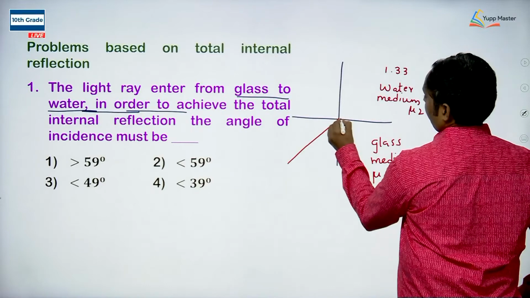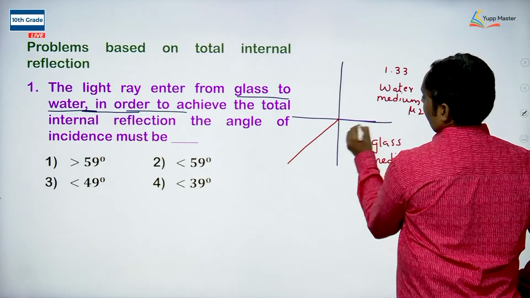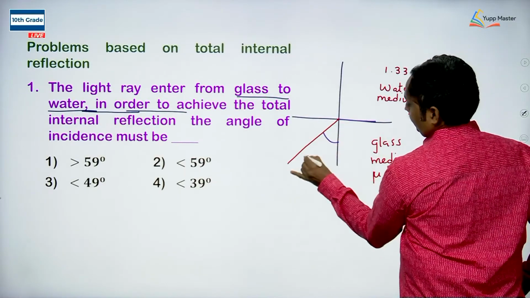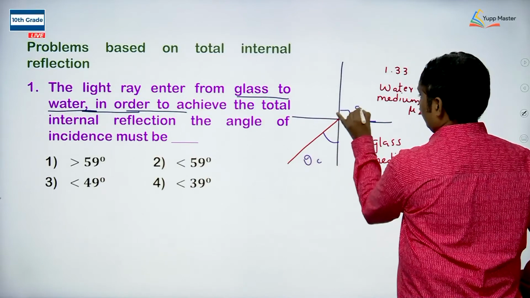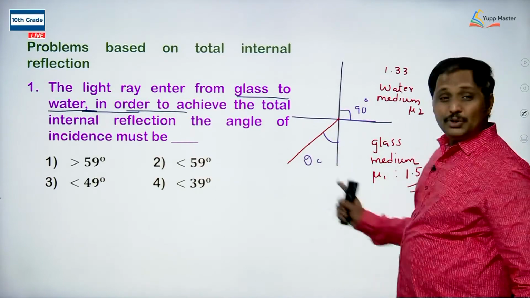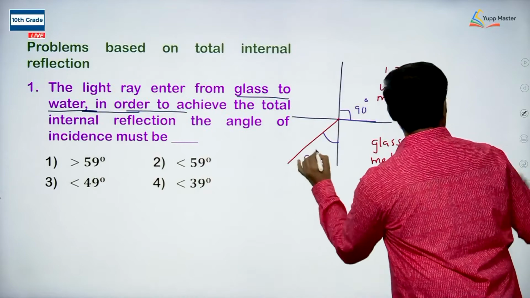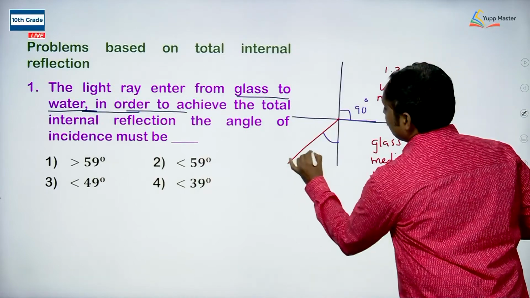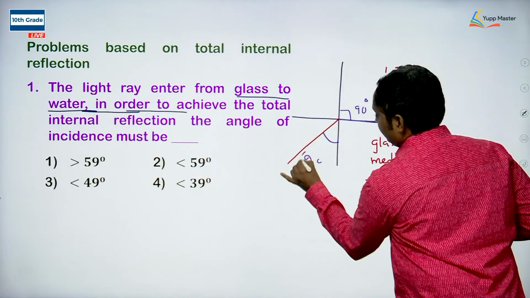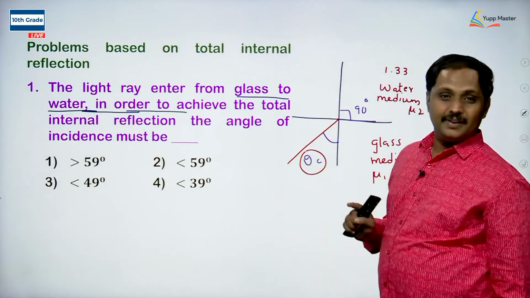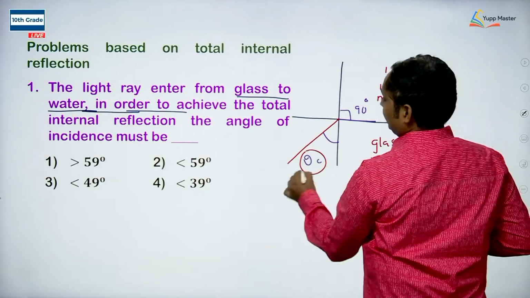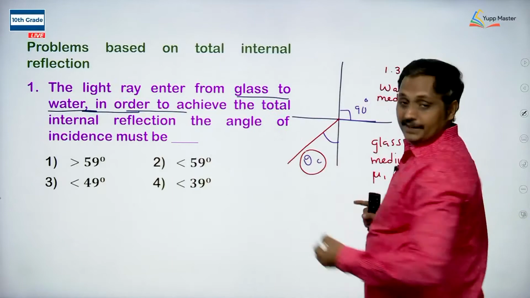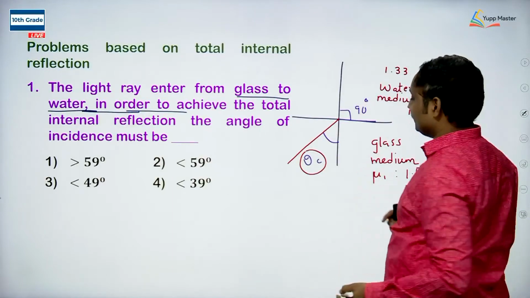This is the critical angle, where the angle of refraction is going to be 90 degrees. But you need to calculate this critical angle, then it is easy to decide. This is the condition: the angle of incidence must be greater than the critical angle.